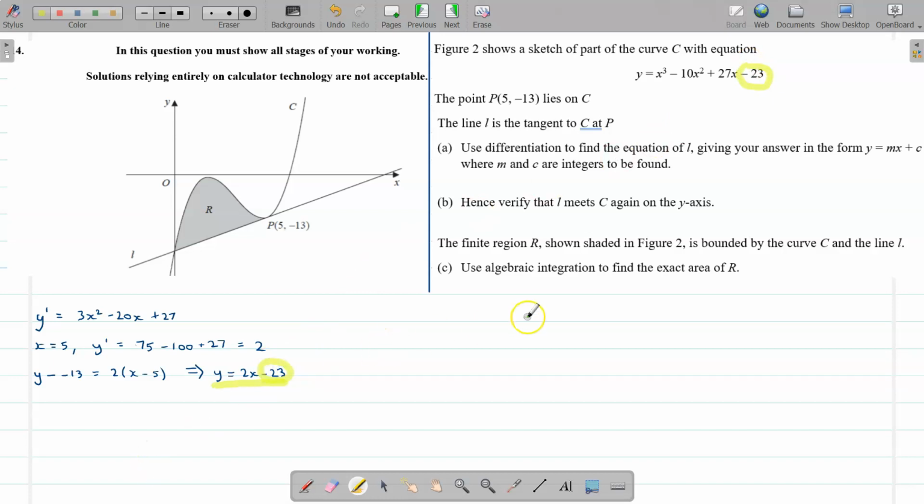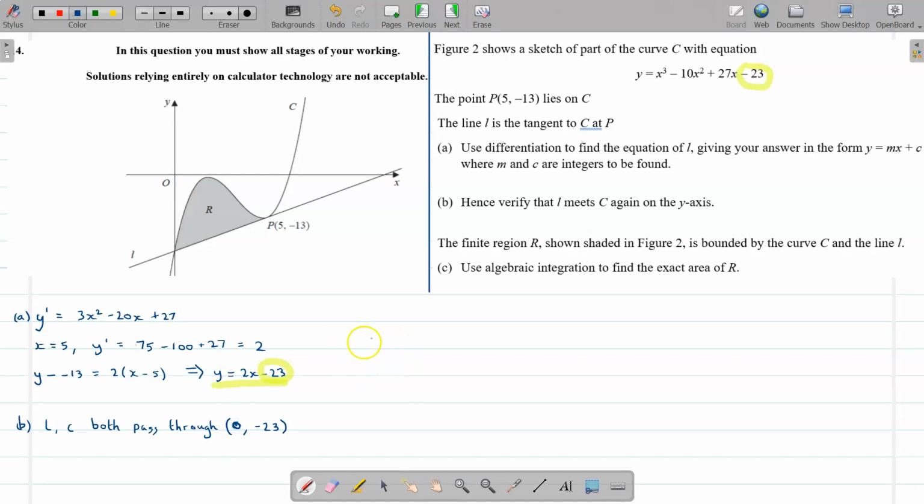So taking those two obvious things into account, for part B, this is part A, we can simply say that L and C both pass through the point (0, minus 23). Okay, that's how I would answer that question.